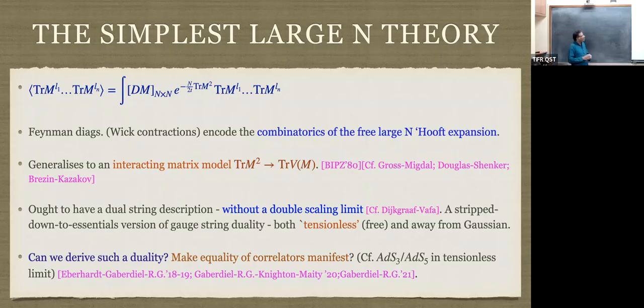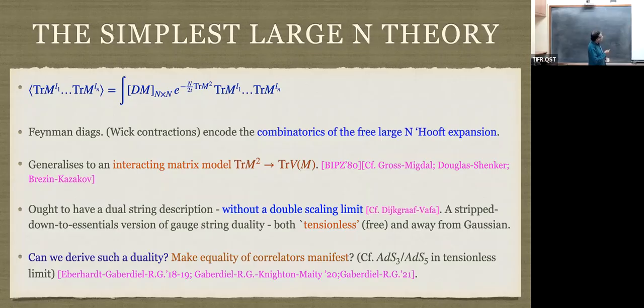And the concrete thing in this talk will be to argue that this set of numbers, this infinite list of numbers, is captured by a dual string theory, which has a bona fide worldsheet description, which I will explain to you. And in that sense, it's sort of the simplest version of gauge string duality.